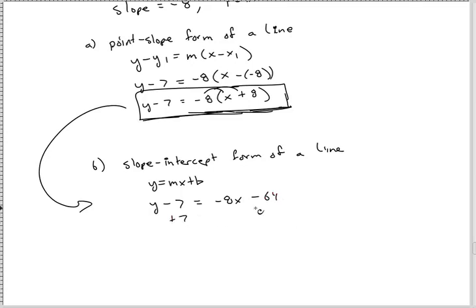I'm going to add the 7 to both sides, and so then you get y equals negative 8x minus, and again, it's always better to use a calculator just to make sure that you're not doing it wrong, 57. There you go. And that's what they want for part B of this problem. Notice that I have the y equals included. That's also another small tidbit that we need there.